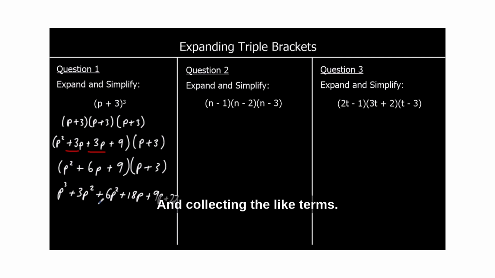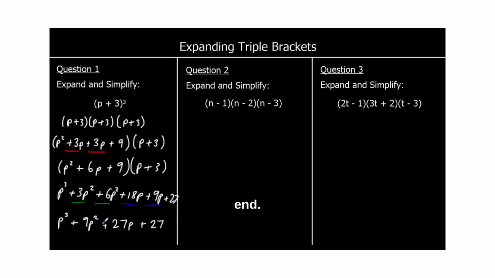And collecting the like terms, I've got p cubed, I've got 3p squared and 6p squared, I've got 9p squared. I've got 18p and 9p, which makes 27p, and I've got 27 on the end.